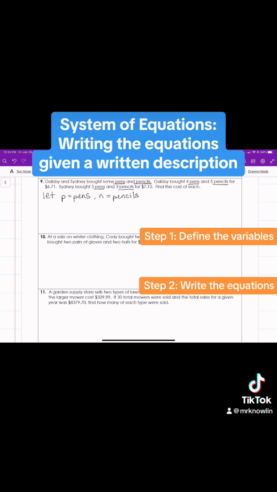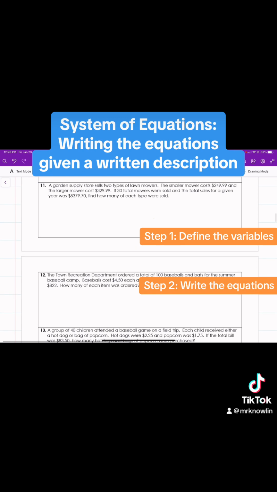Now that we've done that, we're going to write an equation for Gabby, and we're going to write an equation for Sydney. Gabby's equation is going to be 4P plus 5N equals 6.71. And Sydney's equation should read 5P plus 3N equals 7.12.